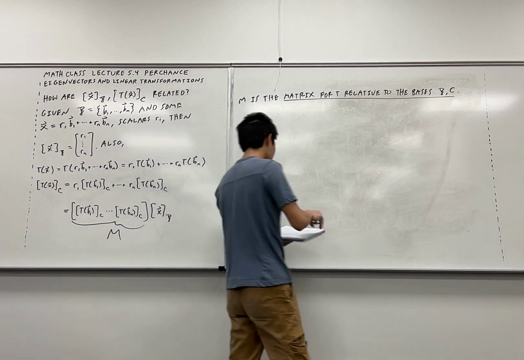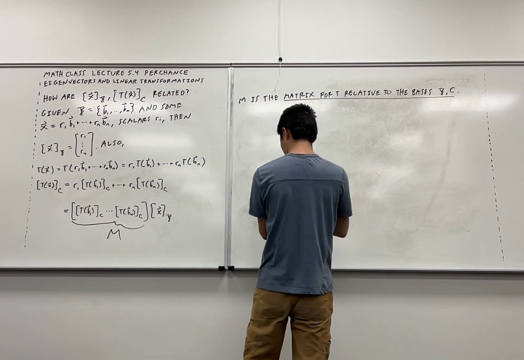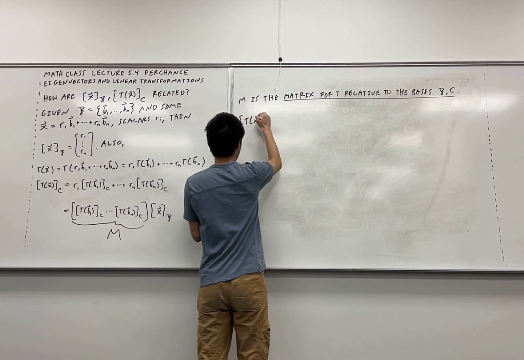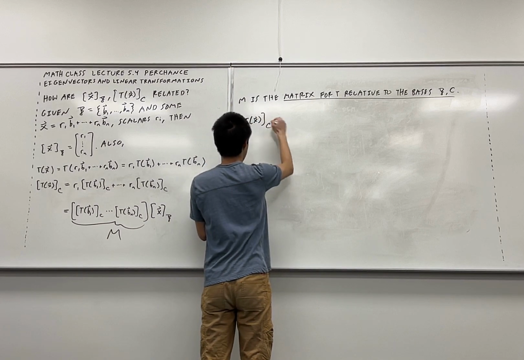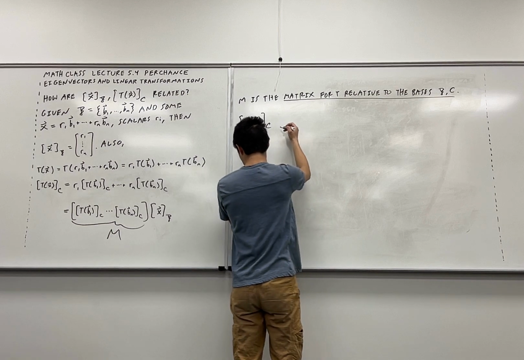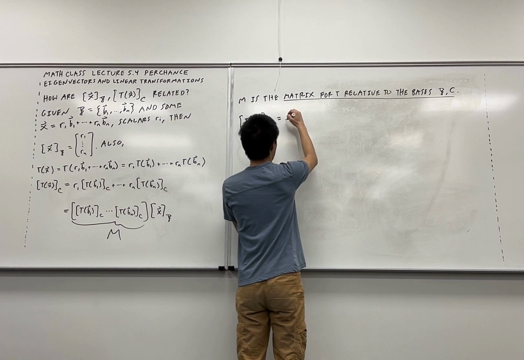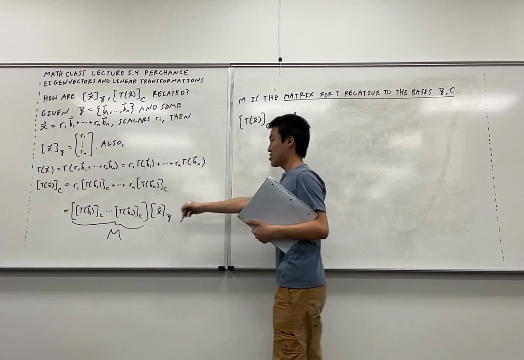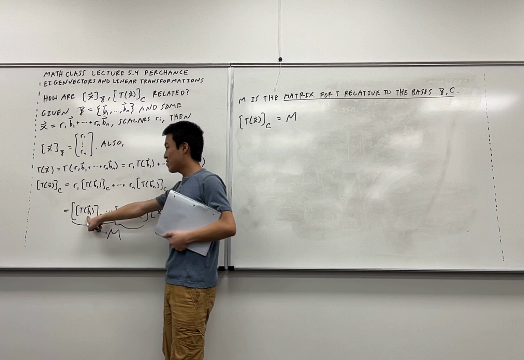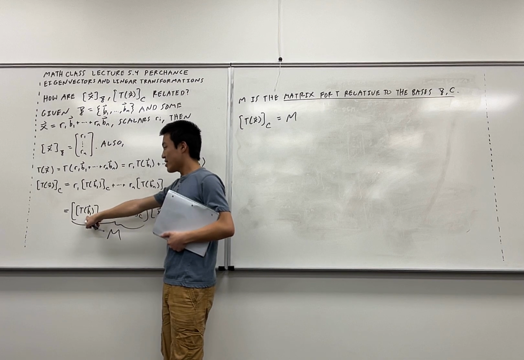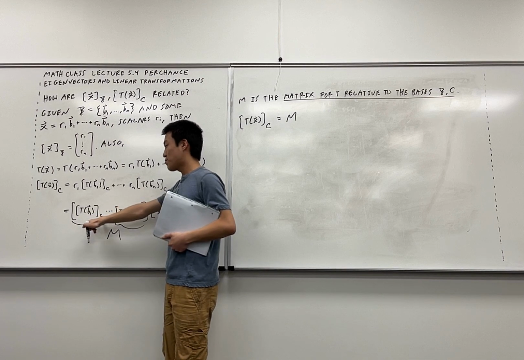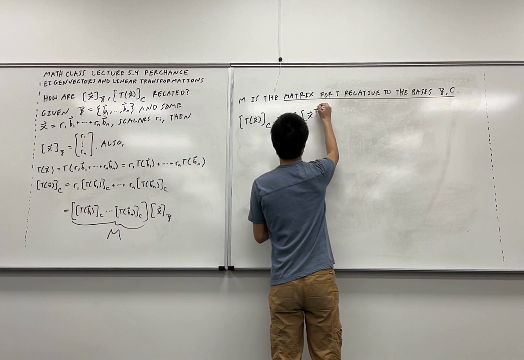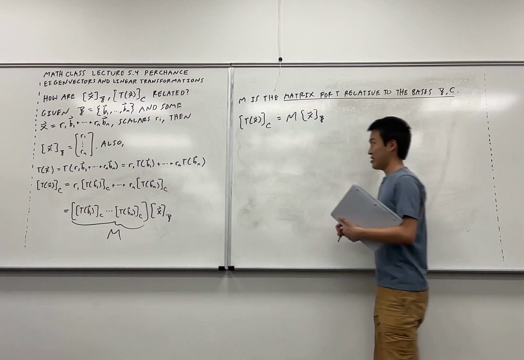So I could say that the transformed vector x, given with c coordinates, is the same exact thing as taking my matrix that's related to the bases, which is really just the columns of transforming each individual basis vector and representing that with c coordinates, times the original vector itself given in its b coordinates.